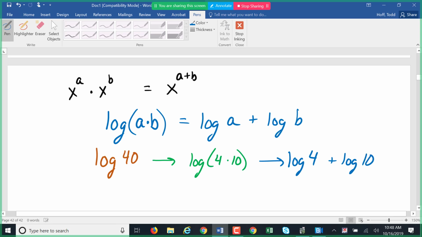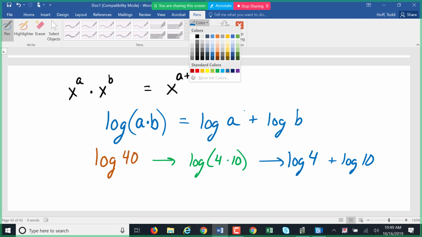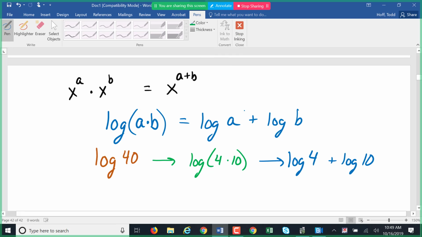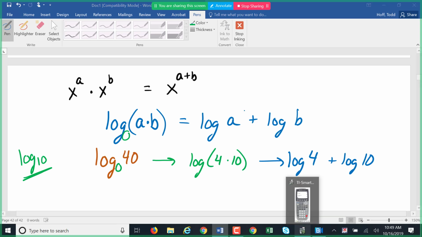Why would I want to be able to do that? Well, because sometimes there are certain logs that are easy to calculate. Now, remember what we said for exponentials, that 10 to the power of is common. If I don't write an index on my logs here, that is assumed to be a log base 10. On your calculator, there is a log key.